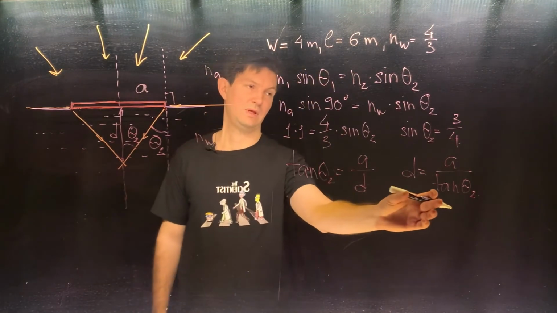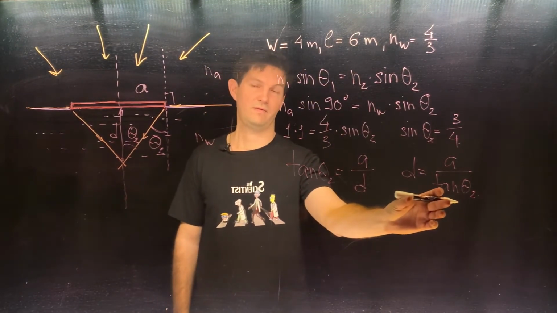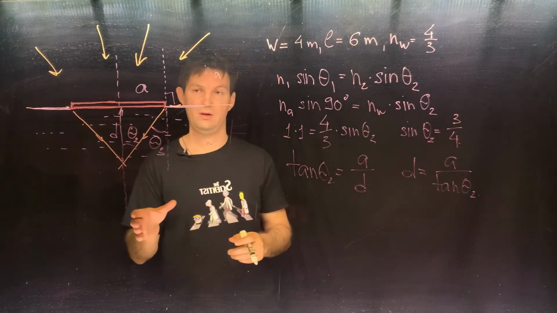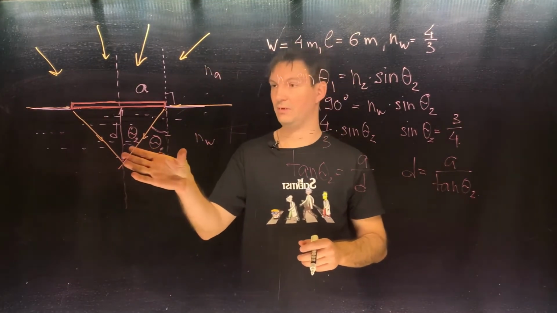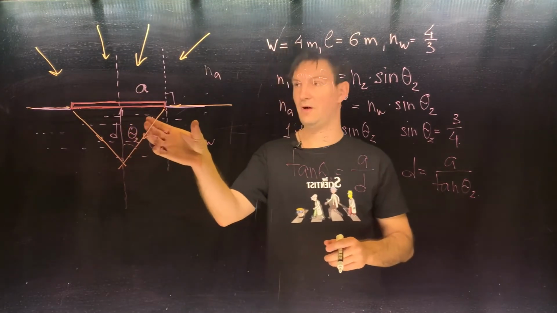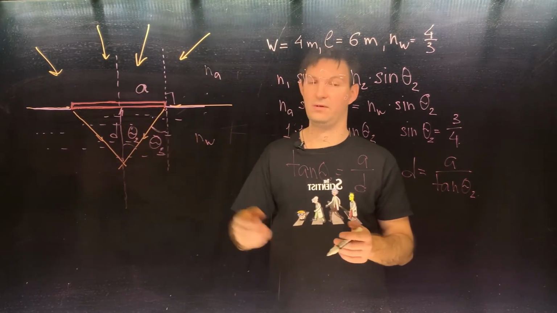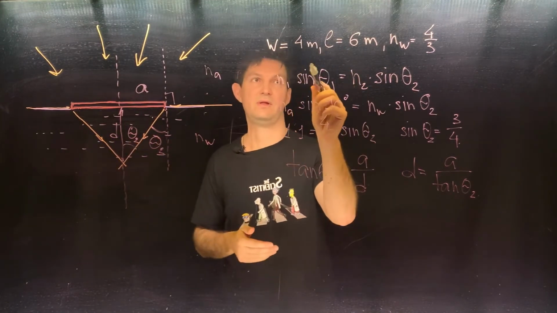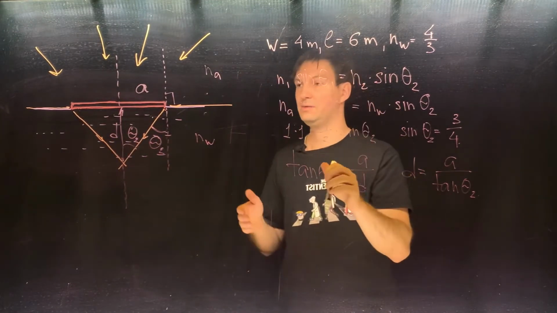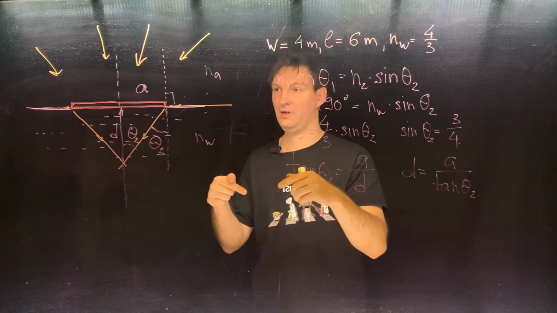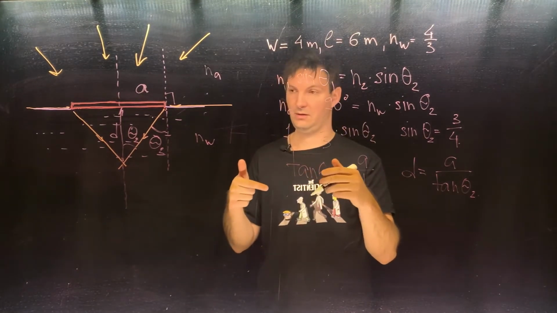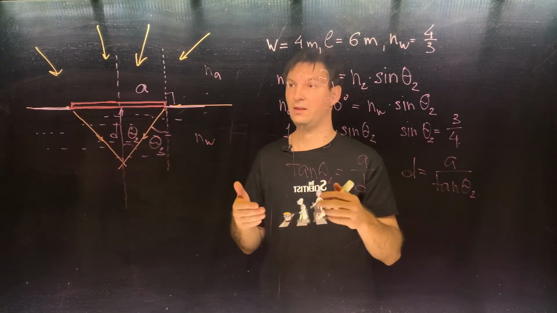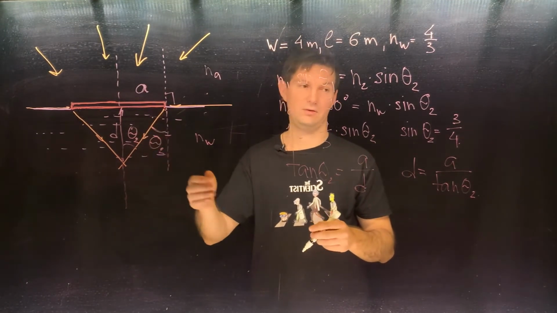A is half of the width of the raft. Why do we take half of the width, not half of the length? Because the width is smaller than the length, and only the width makes a solid shadow in our case, and we need to find the depth of the solid shadow.